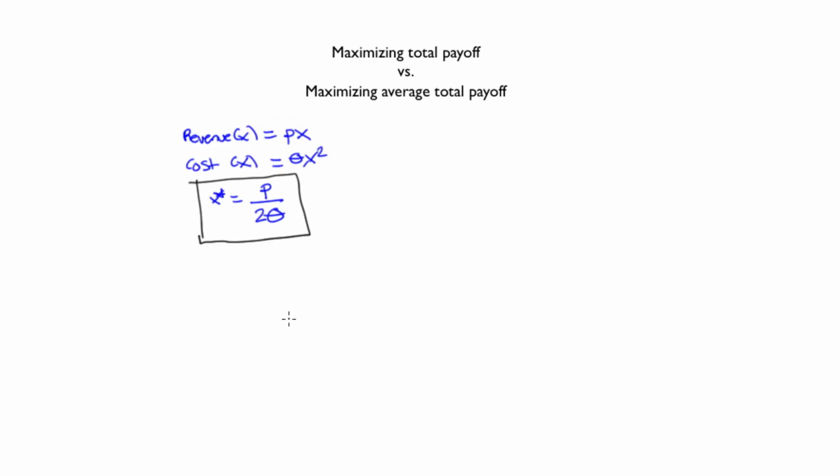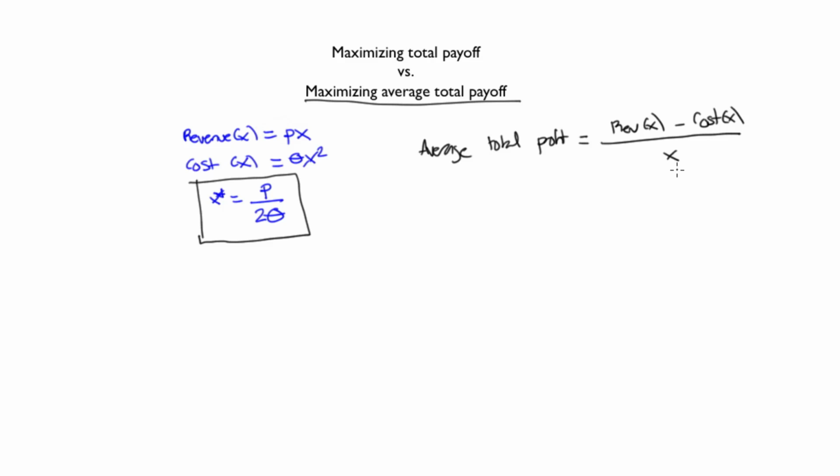Now, consider instead what the solution to maximizing the average total payoff would look like. So average total payoff, or in this case total profit, would be equal to the revenue minus the cost divided by the number of units produced.